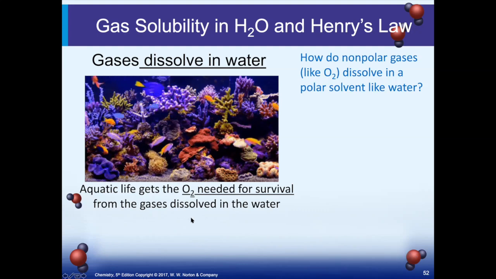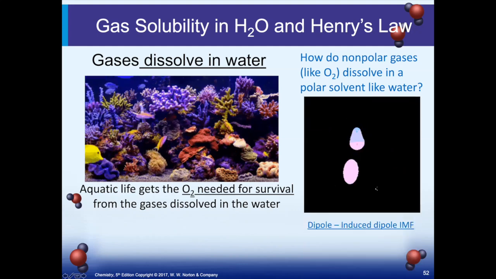And so you might ask the question, well, wait a minute, if oxygen is a non-polar molecule, then how does this non-polar molecule get dissolved in a polar solvent like water? We just finished saying like dissolves like. So how is it that a nonpolar solute like oxygen can become dissolved in a polar solvent like water? Well, we've already learned this actually. It's through an induced dipole.